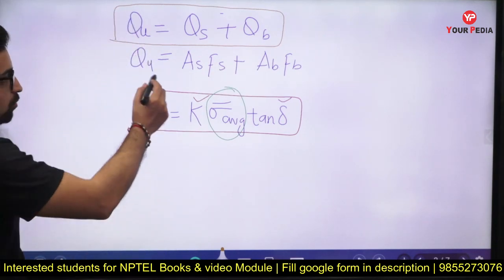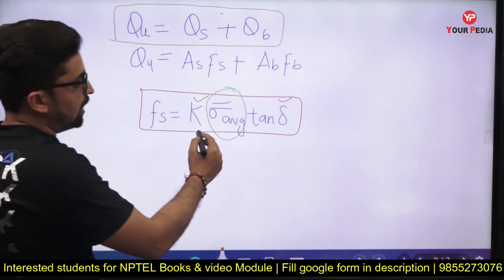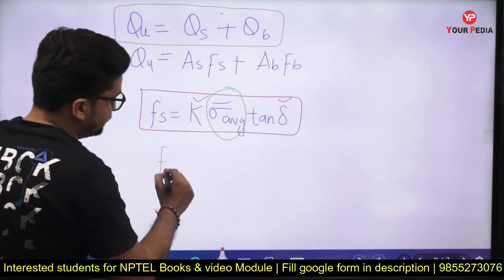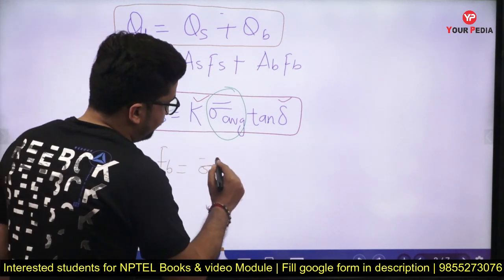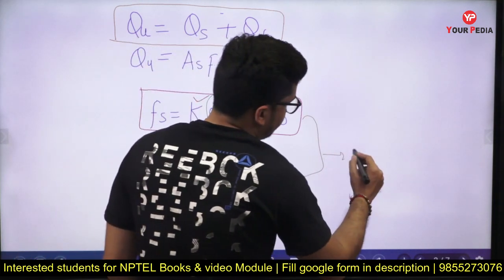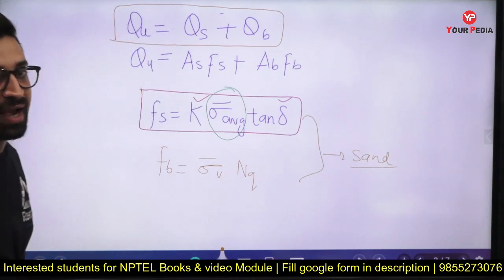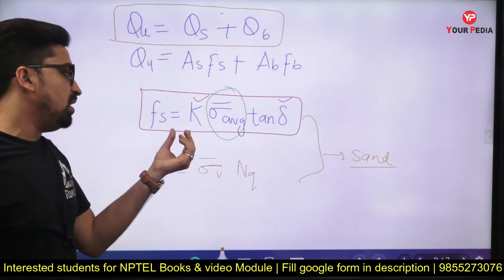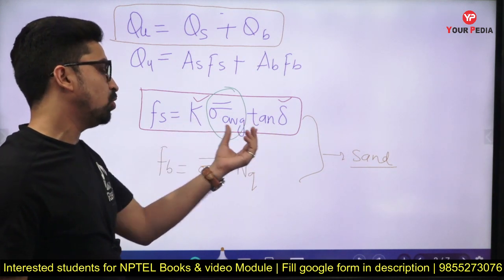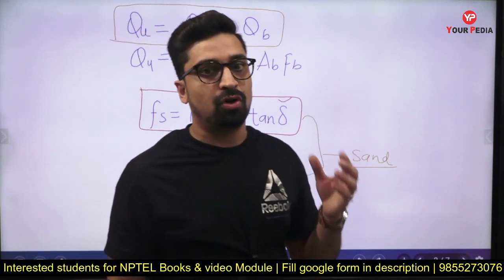This is equal to As Fs plus Ab Fb, where Fs is K sigma bar average tan delta and Fb is sigma bar v into Nq for sand. This is for sand, and in this case they have provided you a pile driven inside sand. As you can see in this formula, K and delta are given to us, we only need to find the sigma bar average value for all three regions.